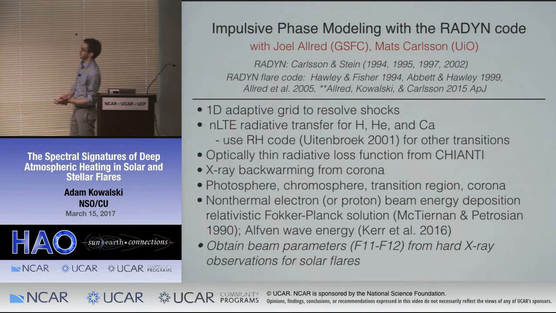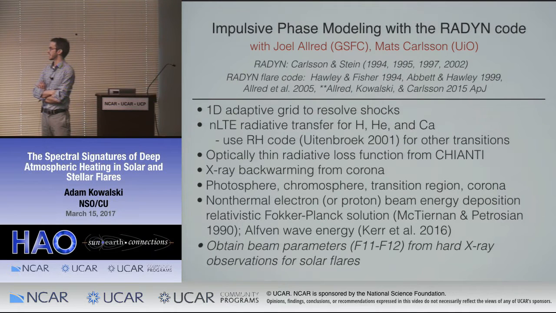Most recently, the RADYN flare code published in Allred et al. 2015. Why is this the code that's most suitable to our purposes? Well, there are 2 reasons. One is that it has an adaptive grid, and so when shocks form during our flare simulations, it can resolve these shocks. And it's important to resolve shocks because we need to accurately model the mass motions, which are driven by shocks.